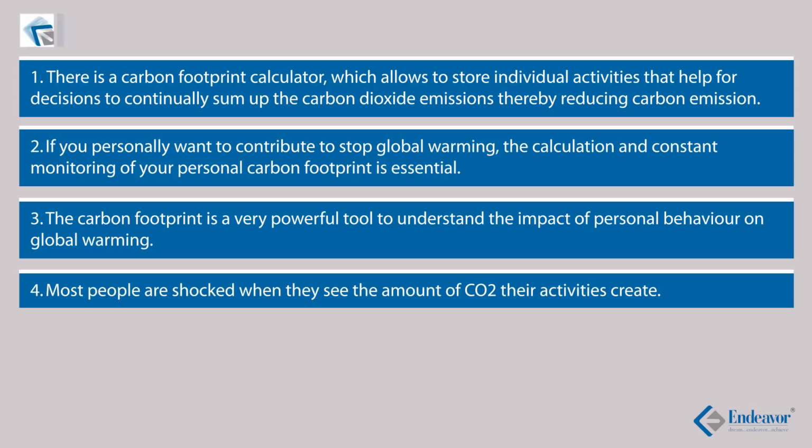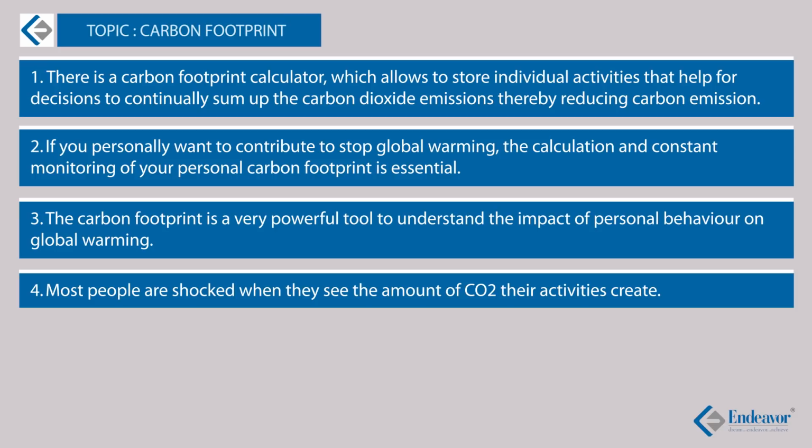It is very evident from the given sentences that the topic is carbon footprint, and the central idea of the paragraph is how carbon emission is increased by the behavior of people that contributes to the increase in global warming, and carbon footprint helps in understanding this kind of behavior and calculating the carbon emission.